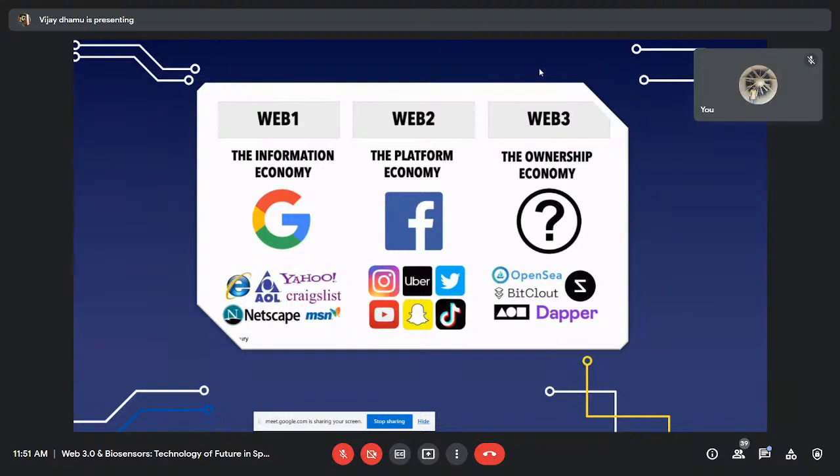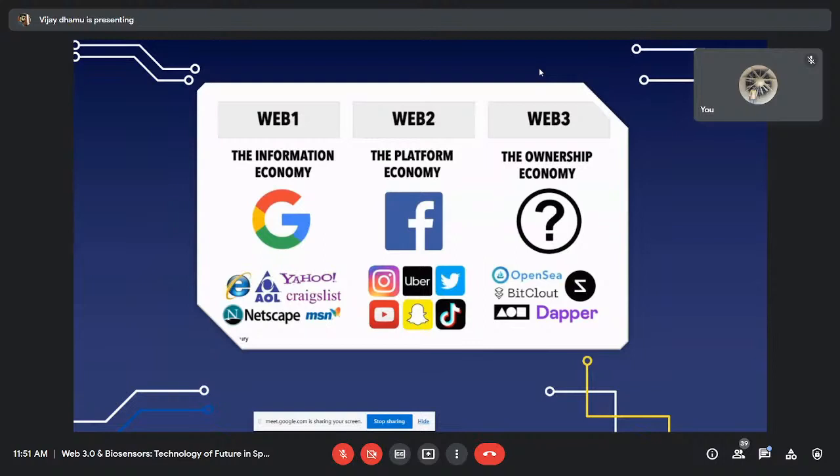Now for Web 3, all these companies are at just a starting level, and Web 3.0 was accelerated past 2018 because all the data is being controlled by a few companies like Google, Facebook, or even Amazon.